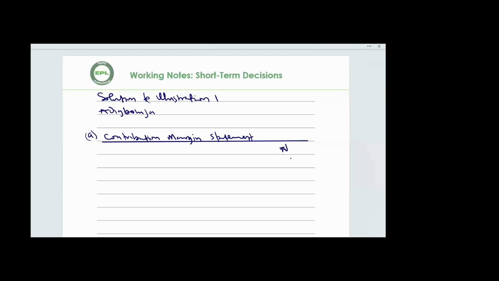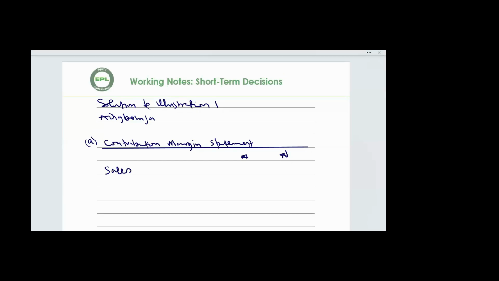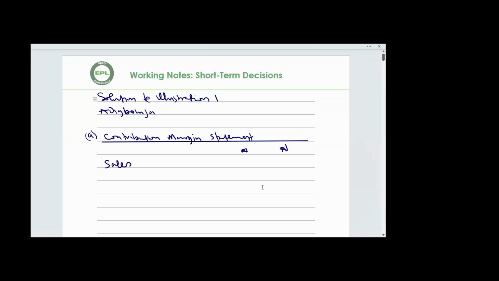You create your 2 naira signs for debit and credits. The first item based on the format is the sales value. I will then go to the question: what's the sales value for vanilla? 40,000 naira.